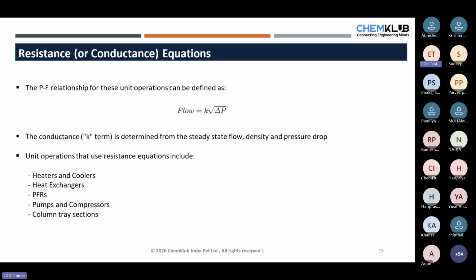High conductance means low resistance, similar to electrical resistance, so high conductance is equivalent to low resistance and easier flow. On the contrary, low conductance means high resistance to the flow and a greater pressure drop. So these equations form the hydraulic backbone of the dynamic simulation. You will see how this K is calculated for each of those equipment items when we talk about the example.